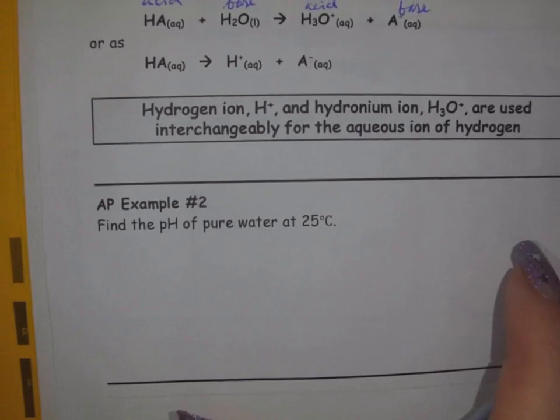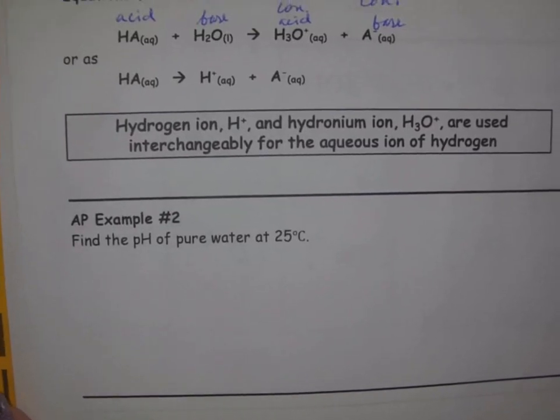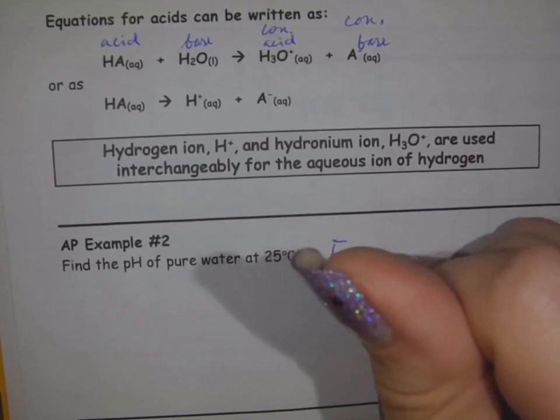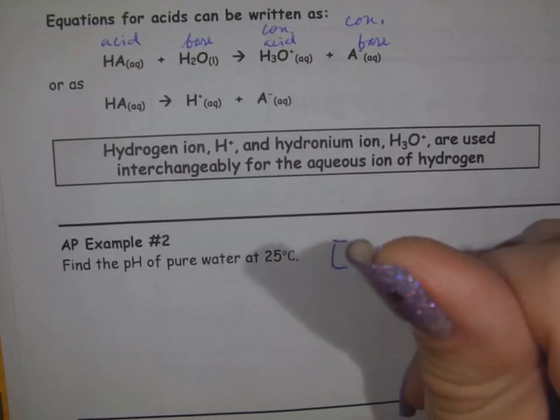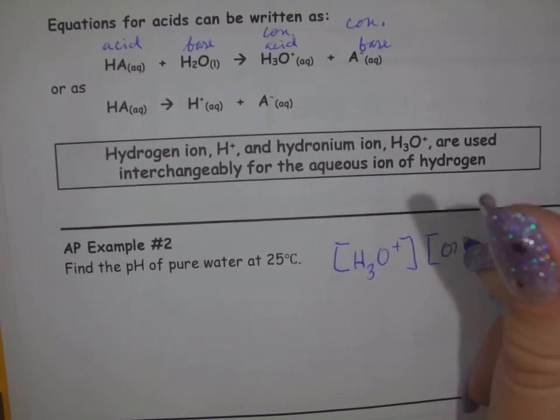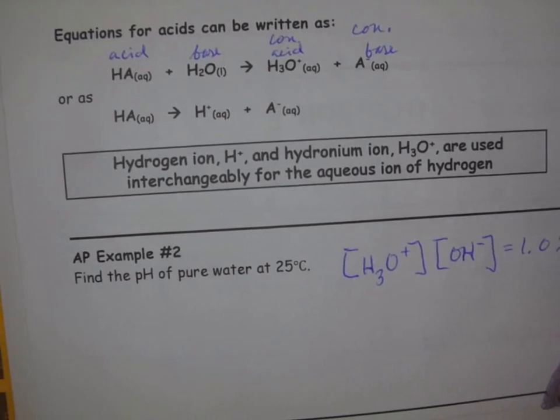Find the pH of pure water at 25 degrees Celsius. Okay, well, let's think about this for a minute. We know a couple of things. We know that the concentration of hydronium multiplied by the concentration of hydroxide is equal to 1 times 10 to the negative 14.